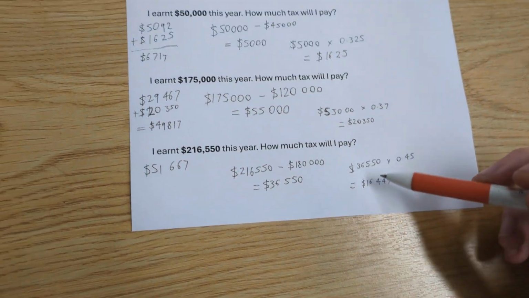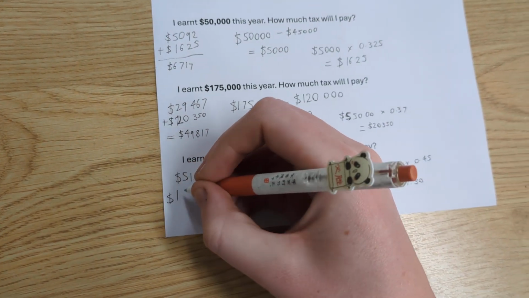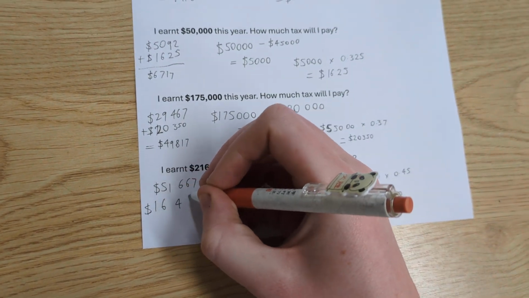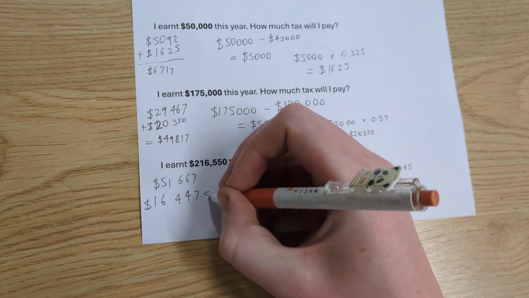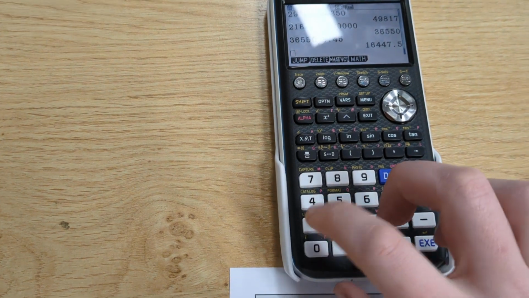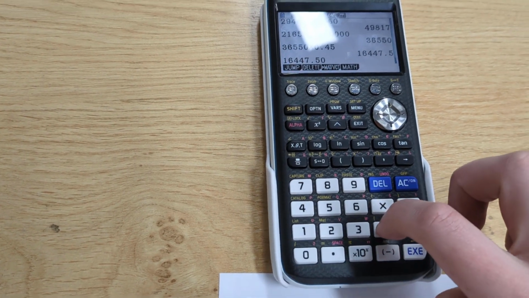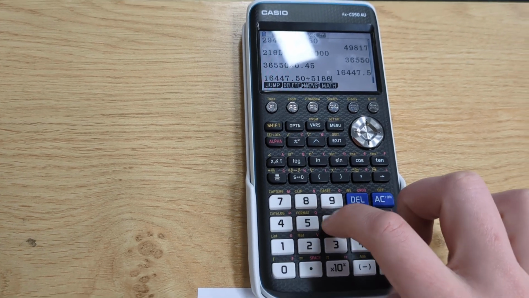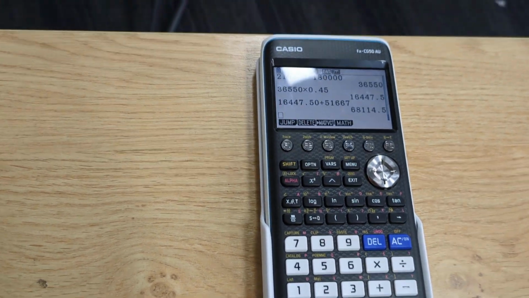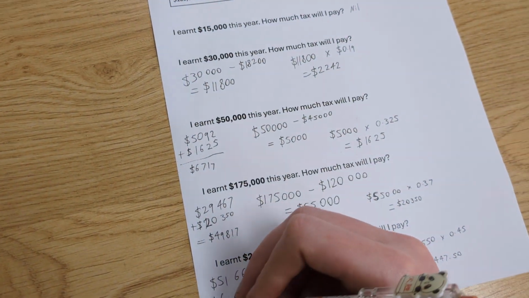So we need to add this number to this one that we left at the start. 16,447 and 50 cents. Add these two together. $68,114.50.